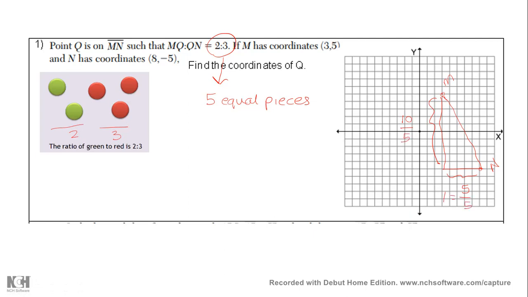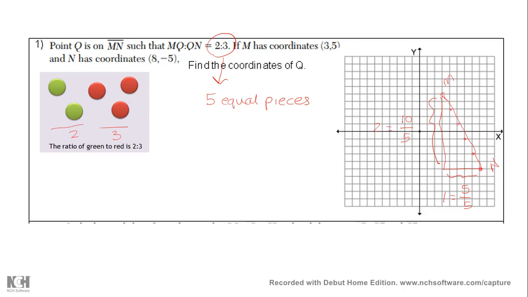So here I get 1 and here I get 2. Starting from M, I'm going to go down 2 and over 1, and keep doing that until I get back to N.